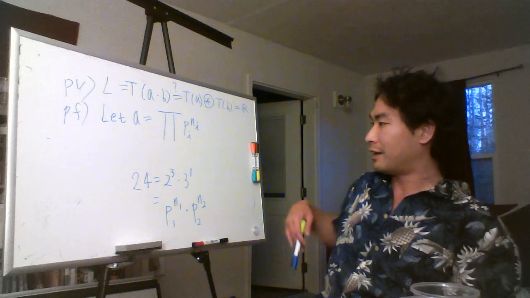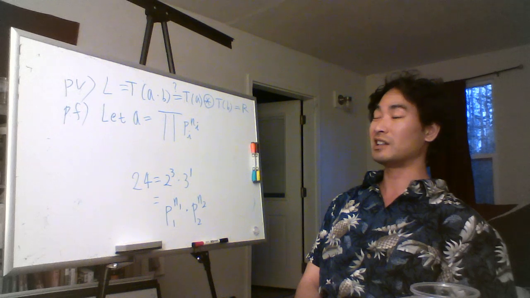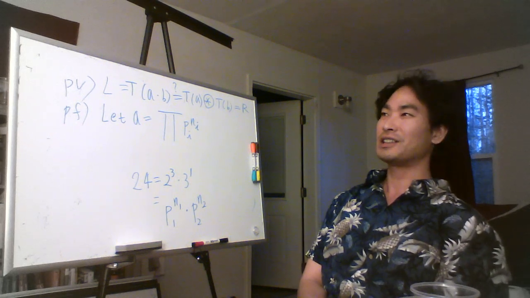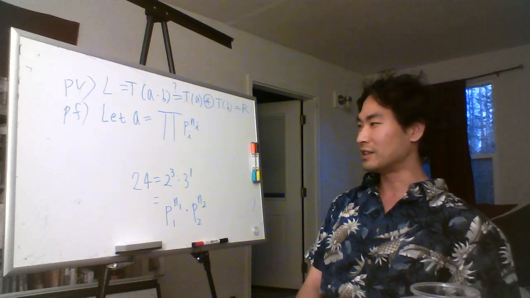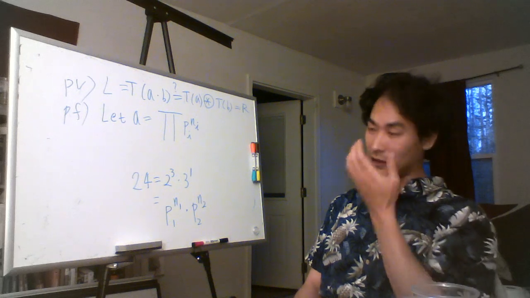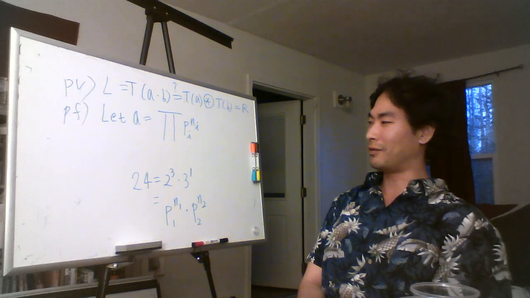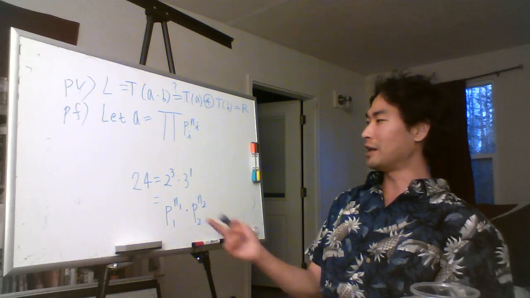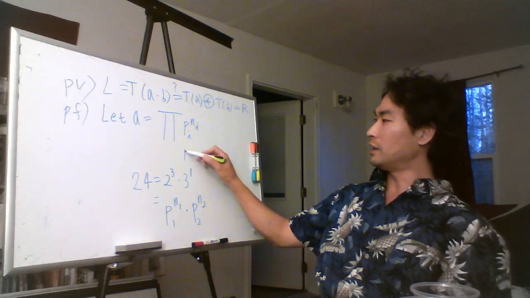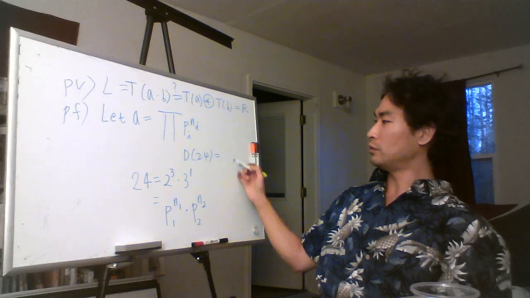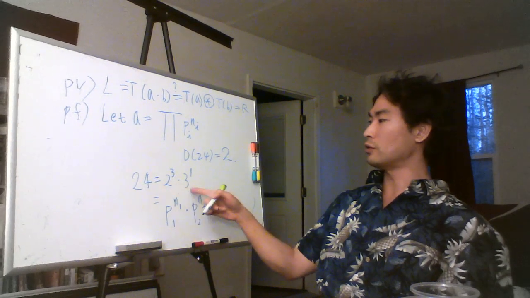Distinctiveness function is too difficult to pronounce, right? How about distinct prime counting function? Whatever. So, how many different primes are there? We'll call it D. So D of 24 is equal to 2, because there are only two kinds of primes here.